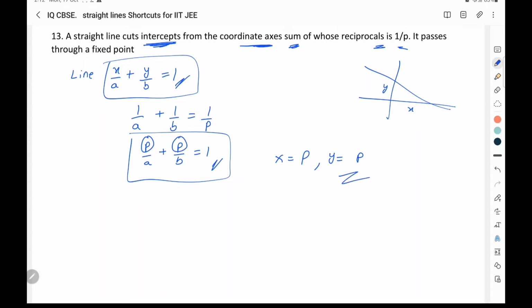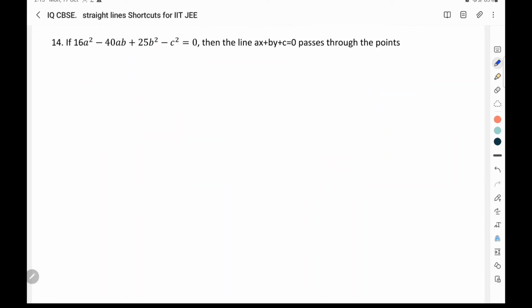Next one. Here is the next one. Here a big equation is given and another line is given, and it passes through some point.